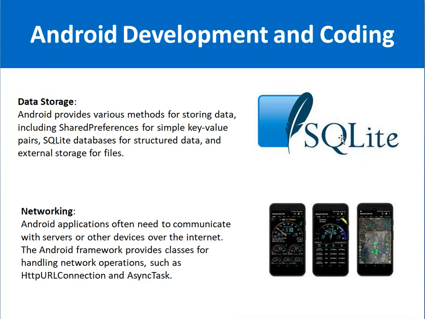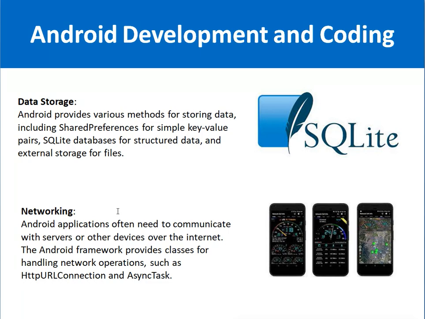Friend, we use SQLite as a database in Android development. It is a database already included in Android, and storage options include internal storage for files, SQLite databases for structured data, and external storage for files. So for storing data in Android development, we use SQLite.